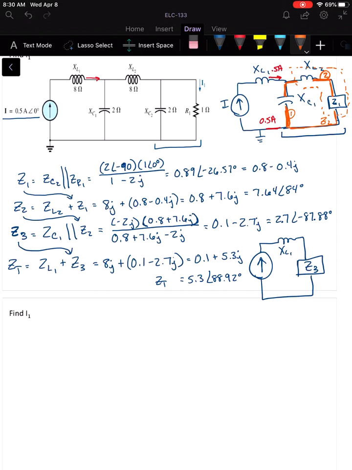So it's just a 2-branch current divider. And I want to find the current over here, because that's going to be the current that I'm looking for. I'm going to call that maybe I prime, I1.